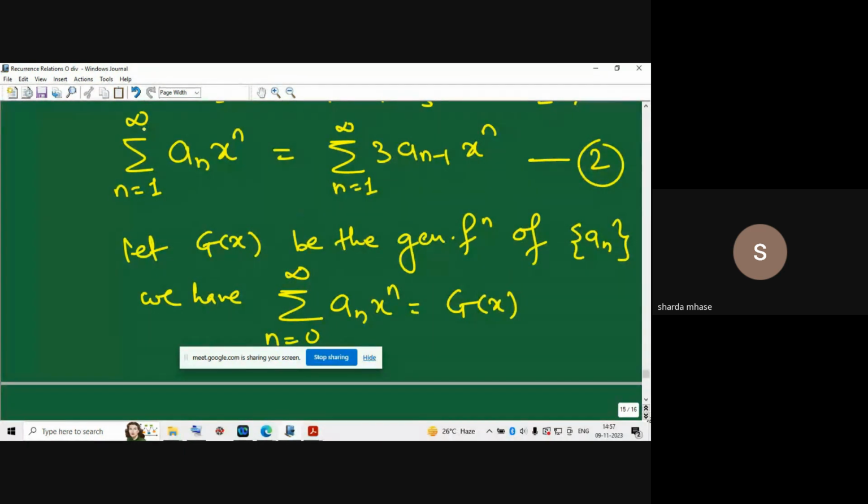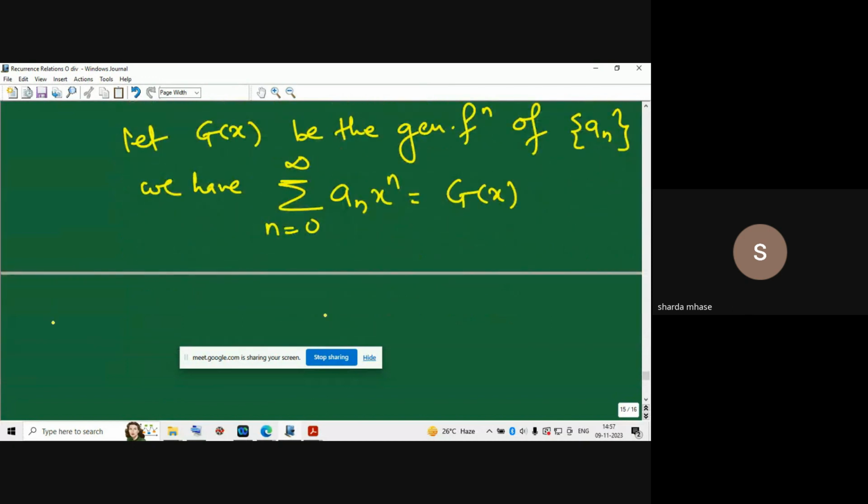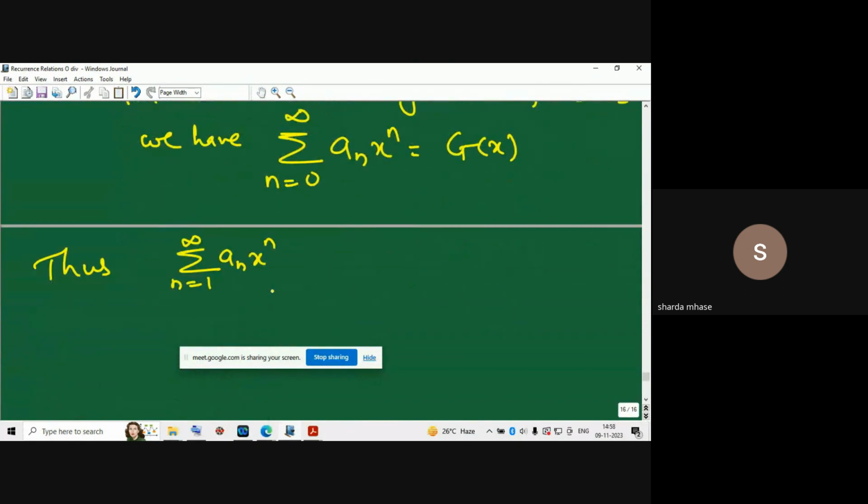Using this setting of g(x), can anyone tell me the answer? What will be the value of sigma n varying from 1 to infinity of a_n x to the power n? Can I say this is g(x) minus a_0?